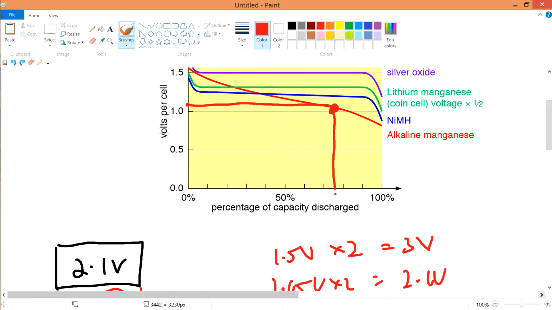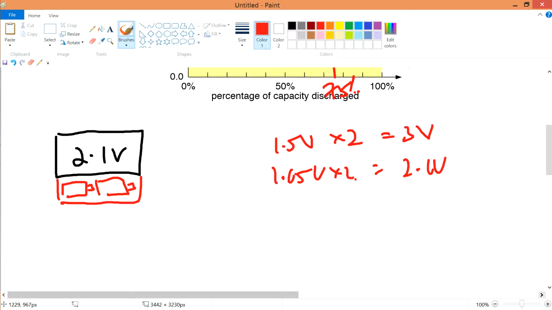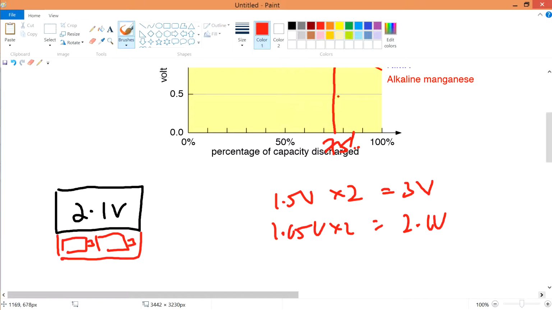So at 75%, after finishing using your battery for 75%, you have 25% left, correct? And your product actually stopped because it requires 2.1 volt. So the last amount of power you can give is when you are at 75%, which is about 1.05 volt for each battery.